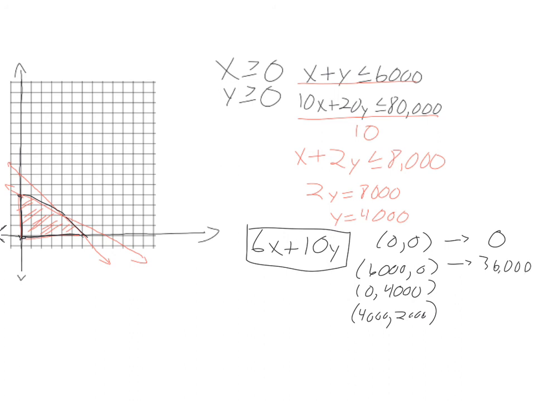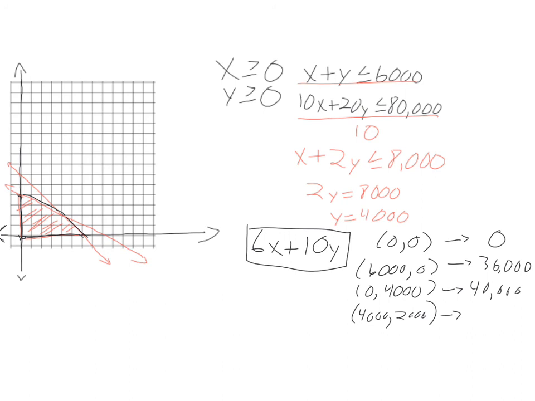What we're looking for is which one of these is the largest. Okay, so that is bigger than 0. If we put in 0 for x and 4,000 for y, then 10 times 4,000 is 40,000. That's bigger, but is it the biggest we can get? Well, let's try our last one where we put in 4,000 for x and 2,000 for y.